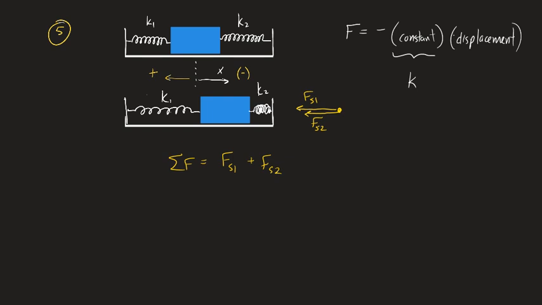Now, each one of them comes from a spring. So, how much was spring 1 stretched? What distance? Yeah? It was stretched negative x. So the force from spring 1 is going to be equal to K1 times negative x. How much was spring 2 compressed? Back table. How much was spring 2 compressed?